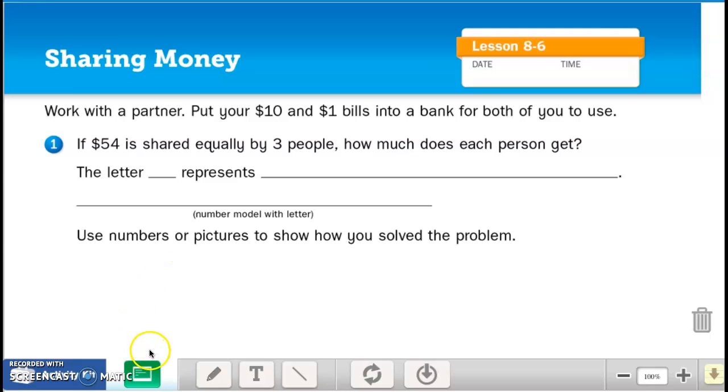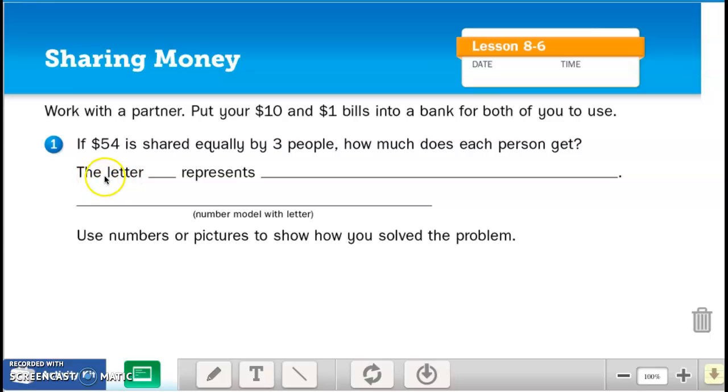So I am going to go ahead and read this. It says work with a partner. Actually, you and I are partners. And you've got $10 bills and dollar bills in a bank for use for this. So if $54 is shared equally by 3 people, how much does each person get?